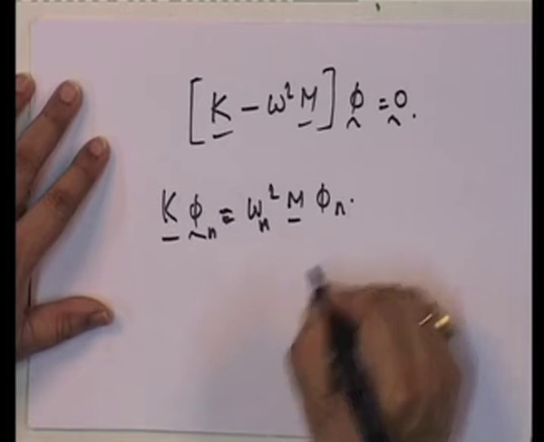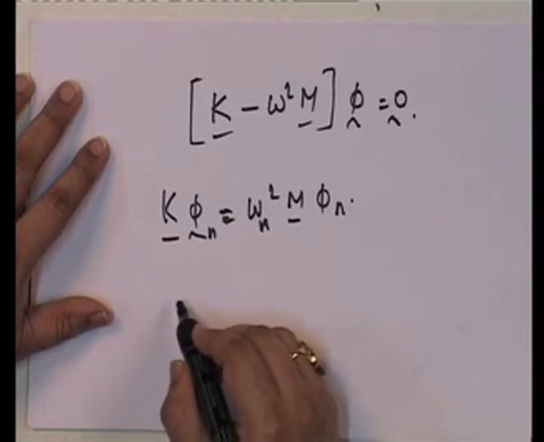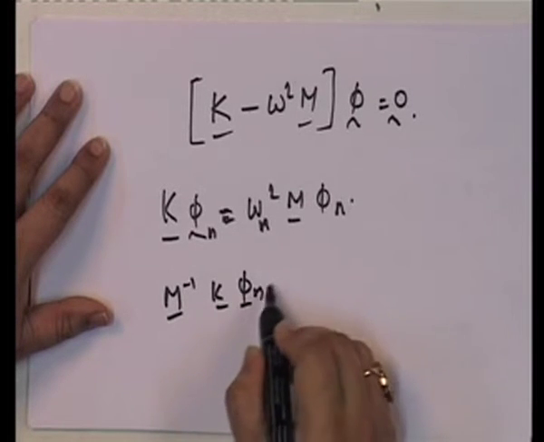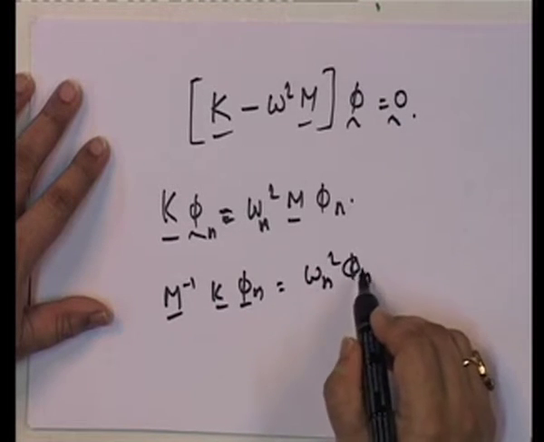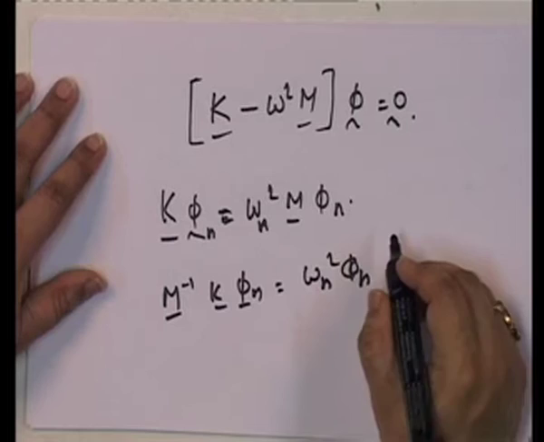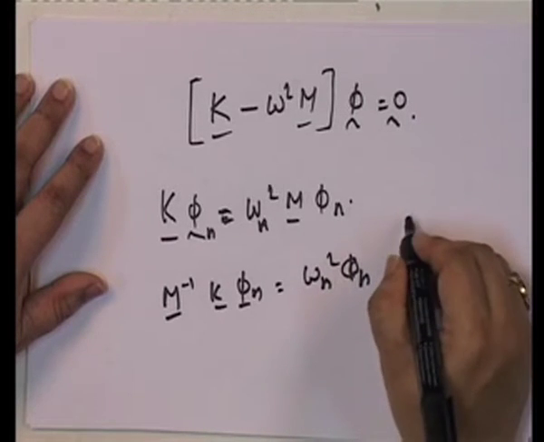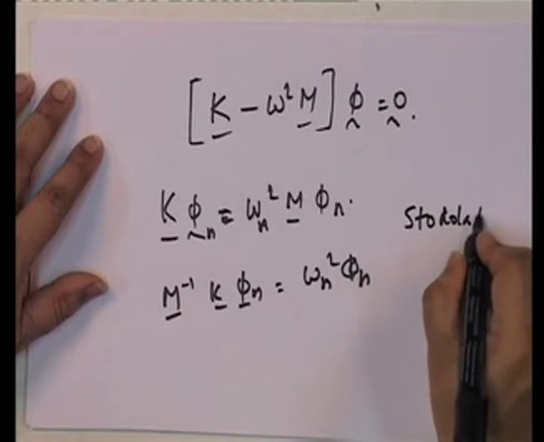And what I'd like to do is pre-multiply both by m inverse: m inverse k phi n is equal to omega n squared phi n. This is known as, again, the Stodola method.